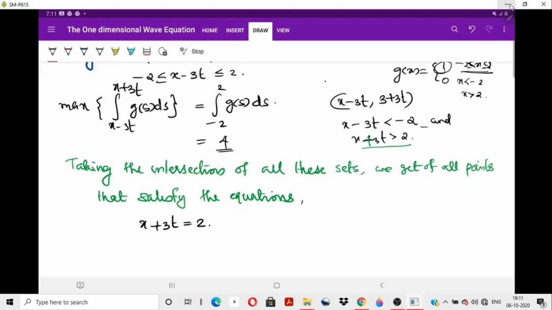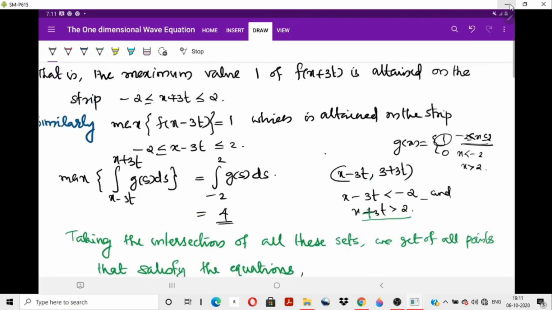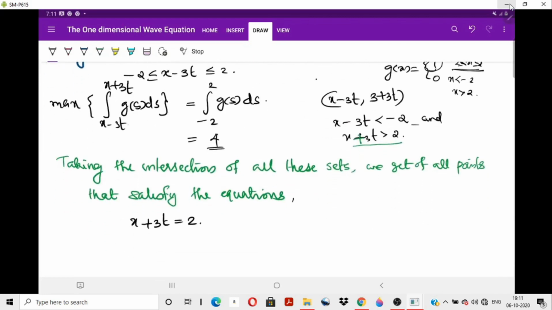And for the second one, the function f of x minus 3t has the maximum value 1 when x minus 3t lies in minus 2 to 2, but when we talk about this function g, x minus 3t is less than minus 2.